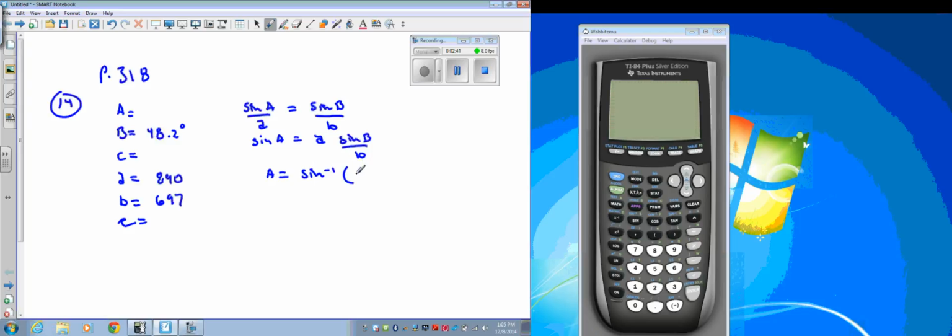And then little a is 840, and then sine of B is 48.2 all over small b, which is 697. This is 890.